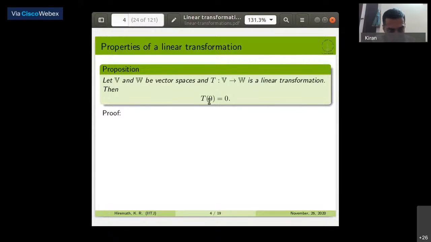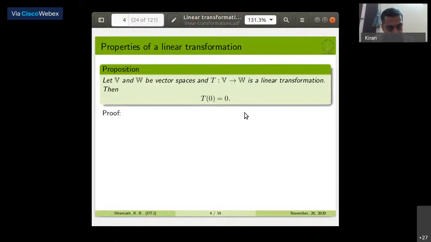In T of 0, the argument is 0 in vector space V, and the right hand side is 0 in vector space W. Some authors write 0 subscript V and 0 subscript W, but when there is no confusion, we simply write 0. We need to interpret it in the context of that vector space.